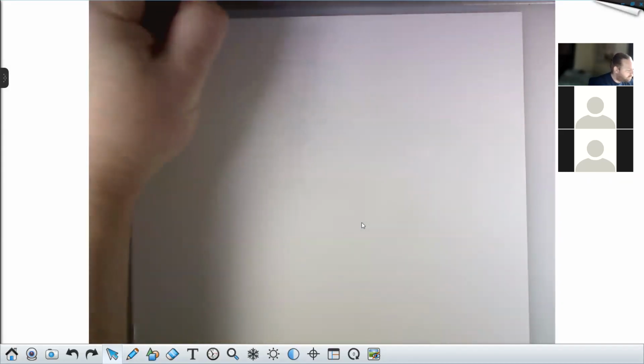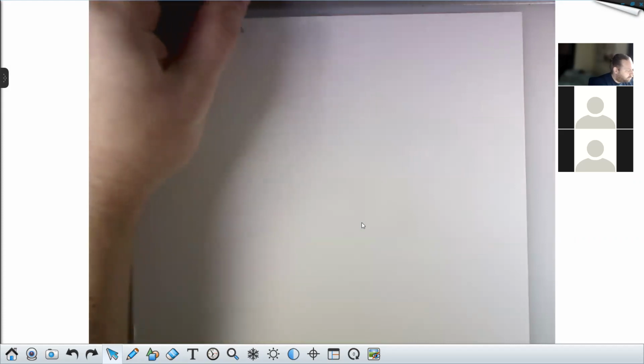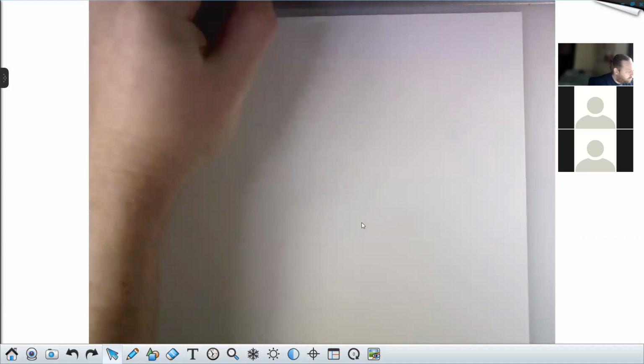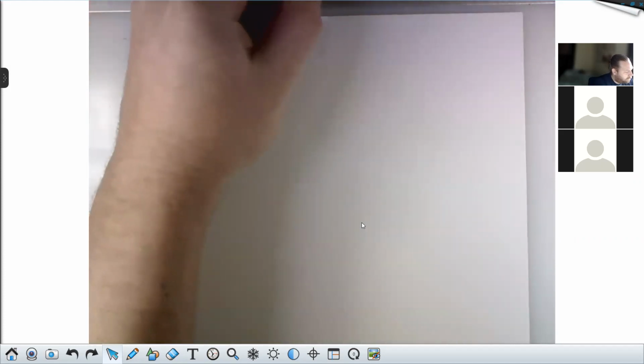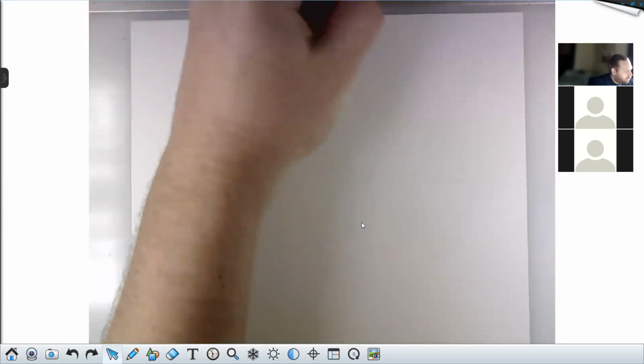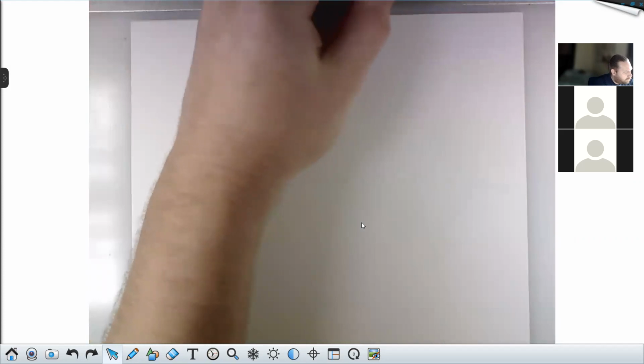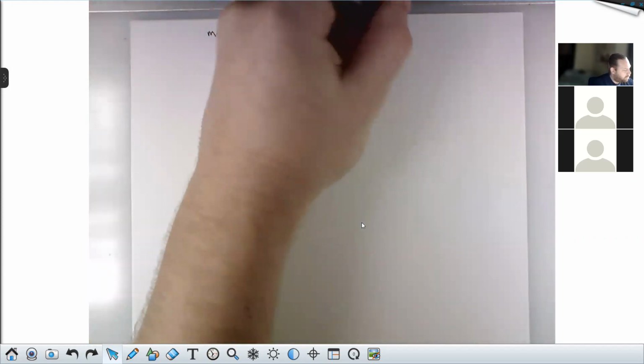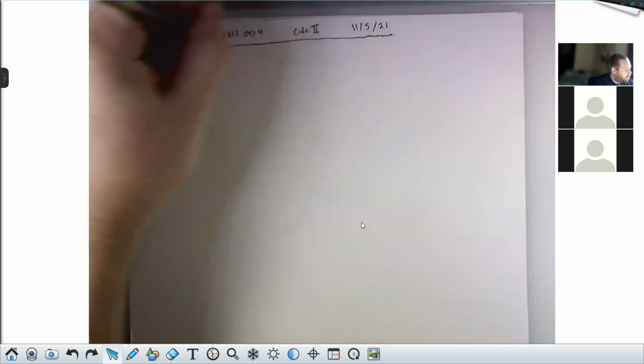So this is MAC2312, section 004, which is Calc 2. And today is the 5th of November, 2021.